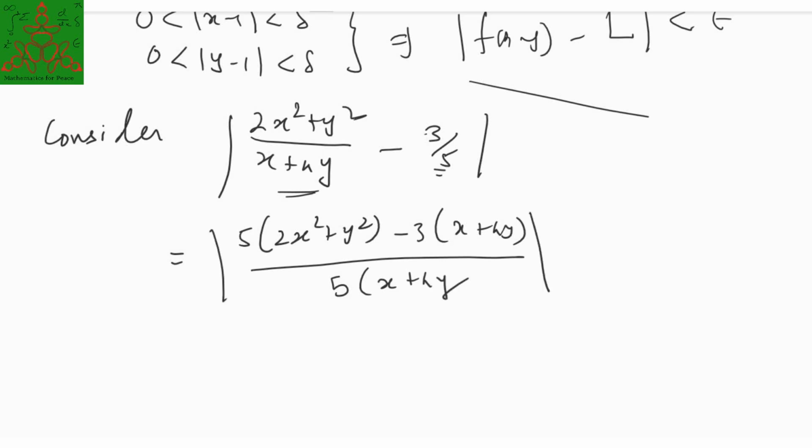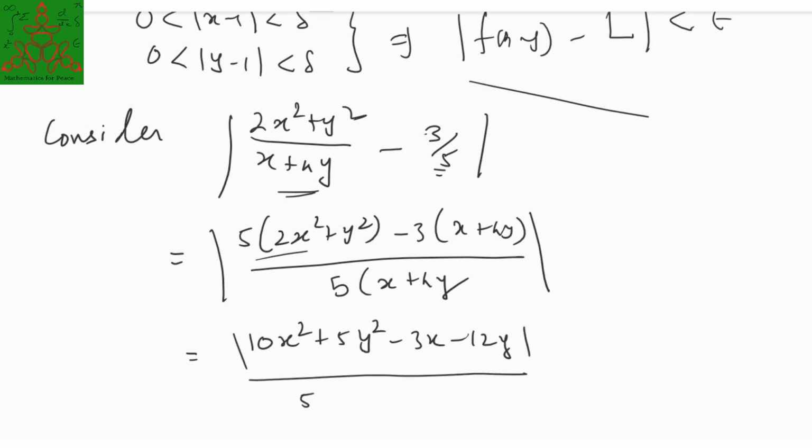Expanding this numerator, you will have 10x square plus 5y square minus 3x minus 12y upon 5 into modulus of x plus 4y.